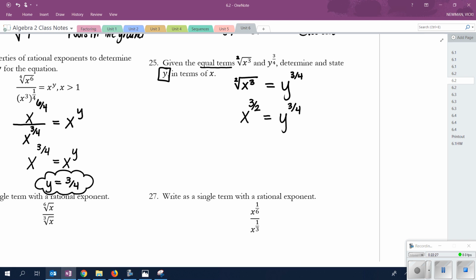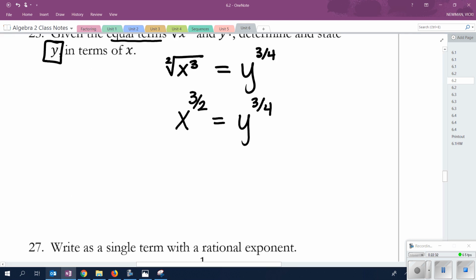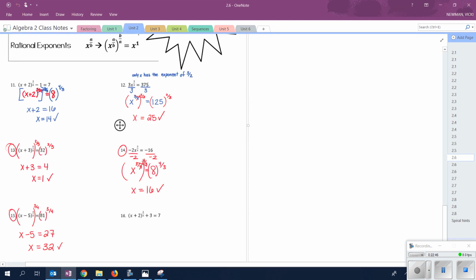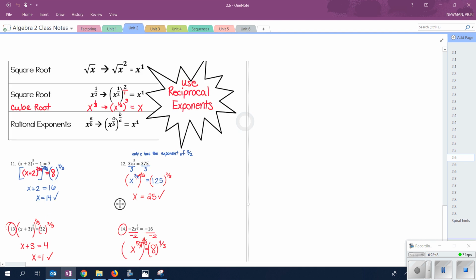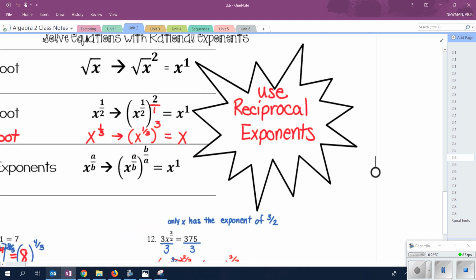Oh. How do we get rid of an exponent of 3/4? We did this in Unit 2, but it's been a long time, right? It was like October, early October. So let me remind you. In order to get rid of a fractional exponent, you raise it to the reciprocal.